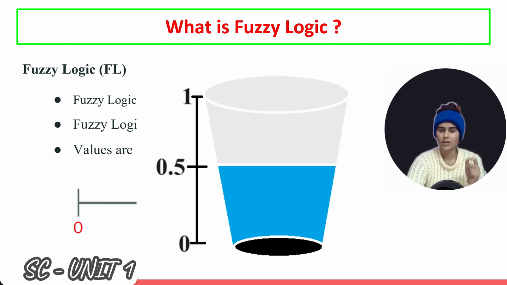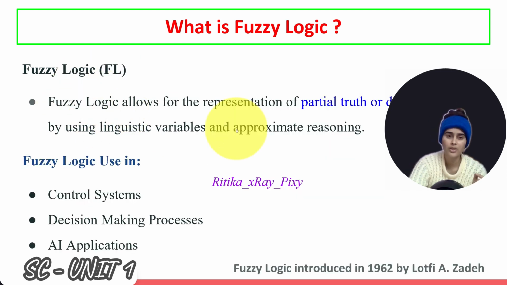So fuzzy logic allows the representation of partial truth. So here we have a simple definition for fuzzy logic. It allows for the representation of partial truth or degree of truth by using linguistic variables and approximate reasoning. Fuzzy logic is used in different areas, in control systems, decision-making processes, data analysis, pattern recognition, in artificial intelligence.